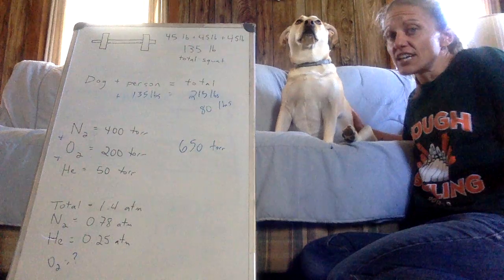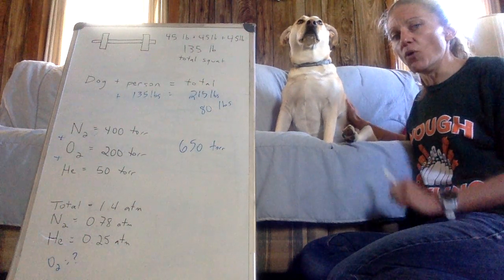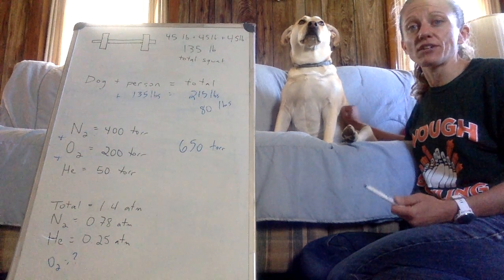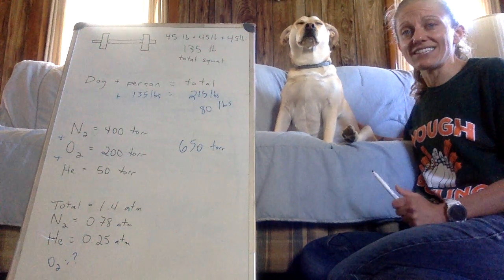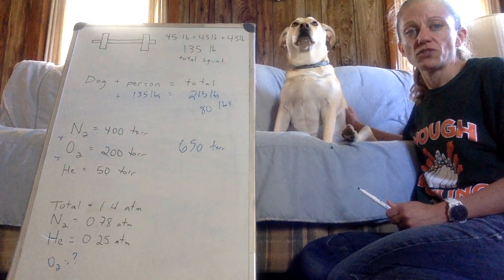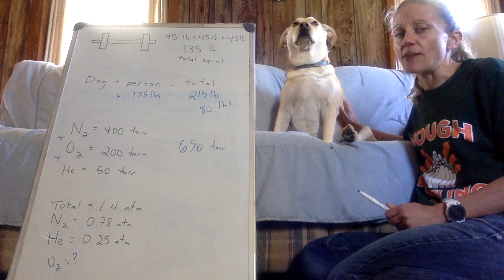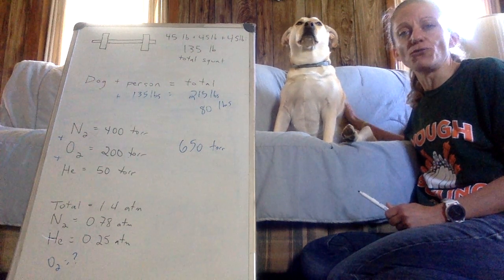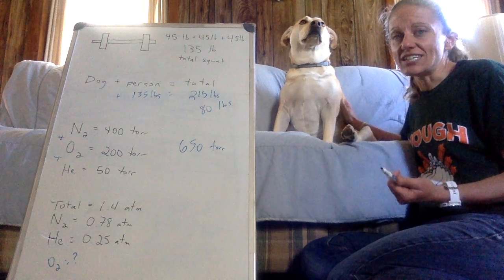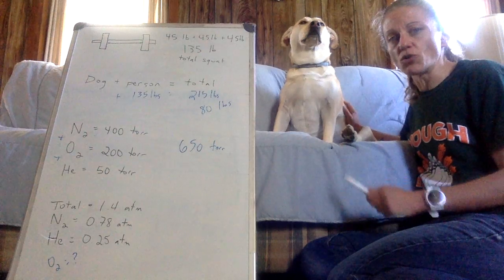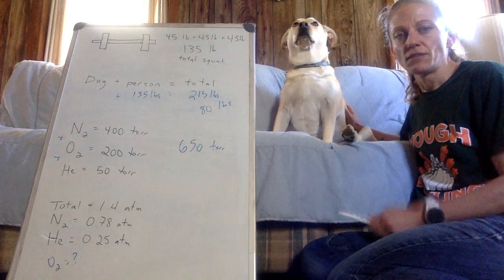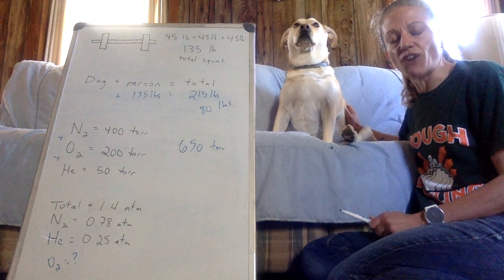Easy. But if I have the total pressure and all but one of the partials, it works like calculating her weight. For my last example, my total pressure is 1.4 atmospheres. Nitrogen exerts 0.78 atmospheres, and helium 0.25. I'm looking for my pressure of oxygen. So, to get my pressure of oxygen, I take my total, 1.4, and I subtract 0.78 from it, and I subtract 0.25 from that.